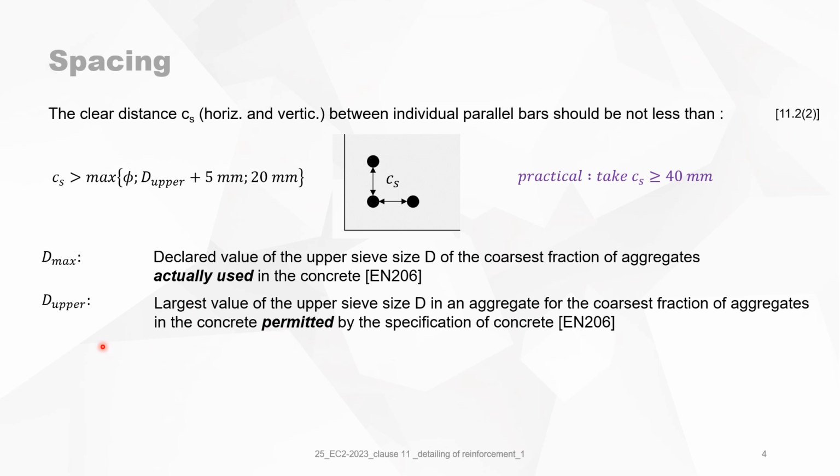So you see clearly the difference. D max is the actually used maximum size, and D upper is the maximum permitted one.